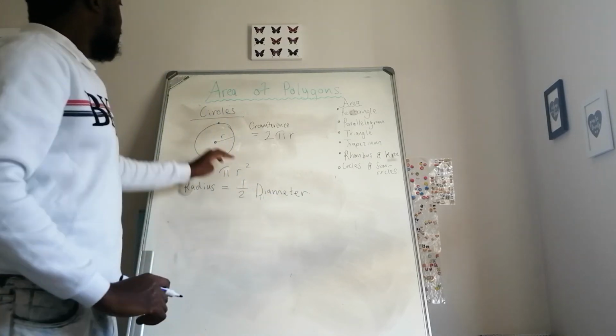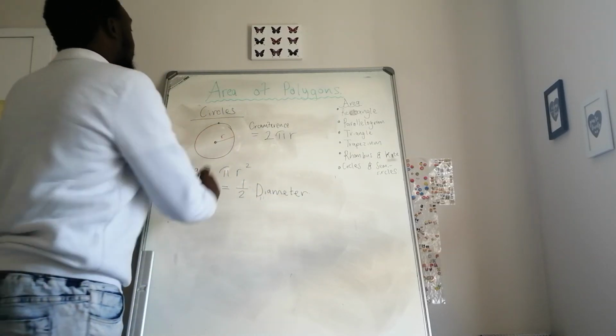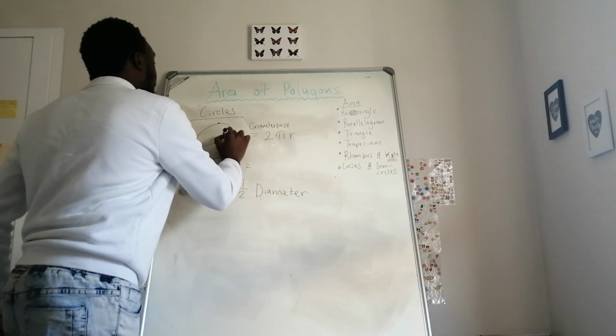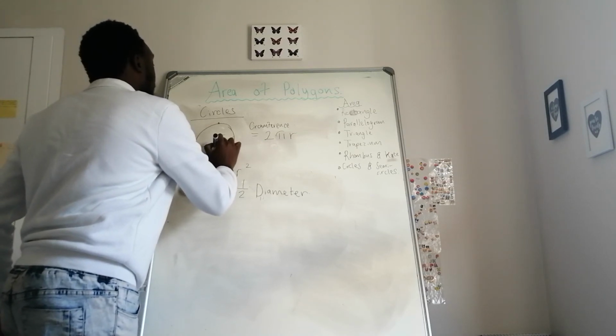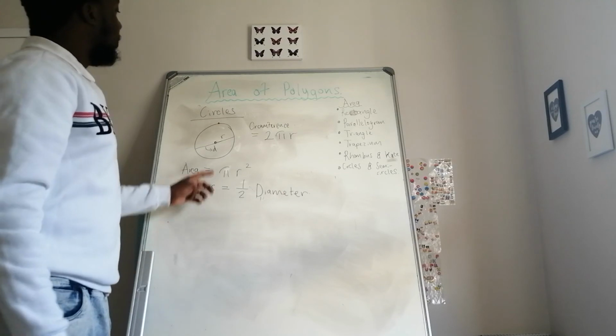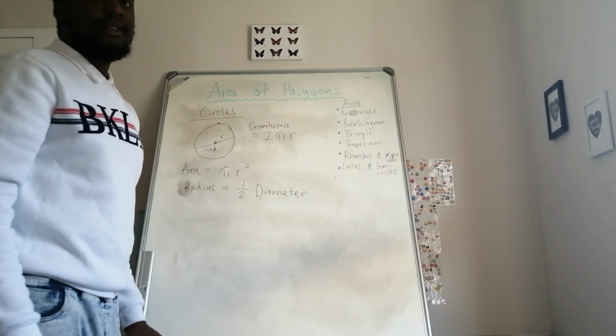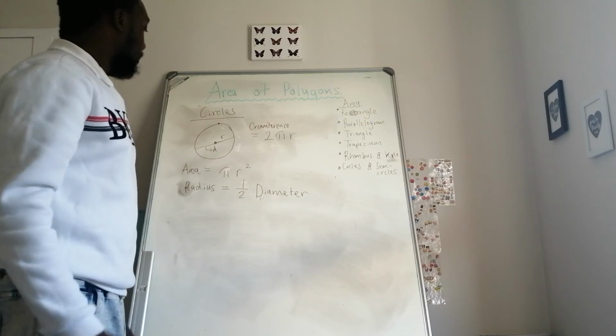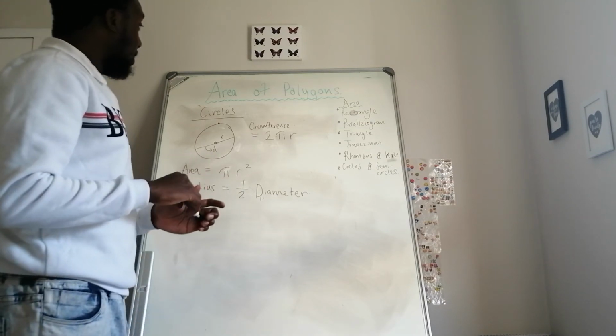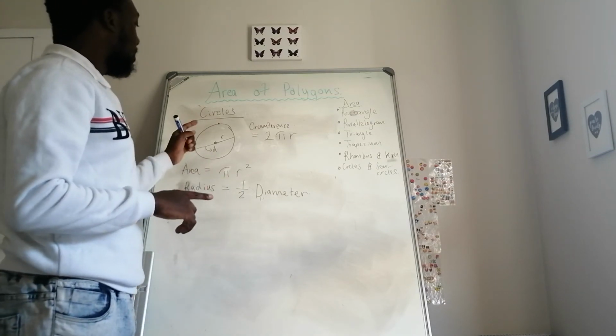So if you're given a circle where you're given this full line, which is the diameter, then you just half that full line, and you find the radius, right? And so that's how you calculate for a circle.